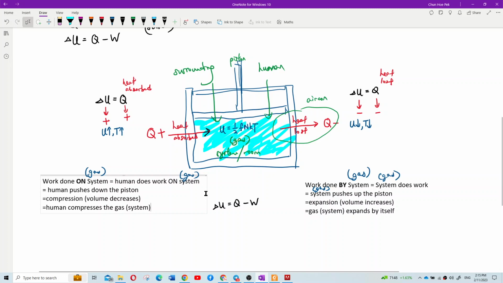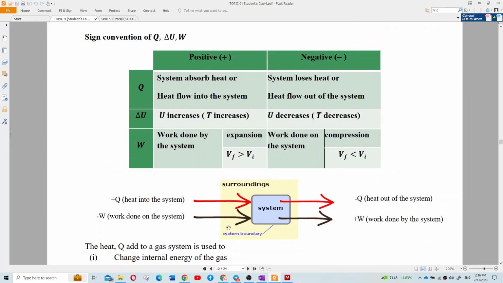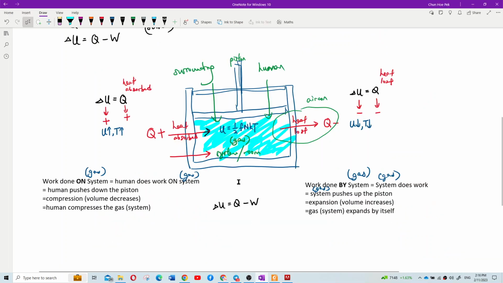Now, if you compress the gas, you are adding energy into the system. So this is work done on gas, on the system.